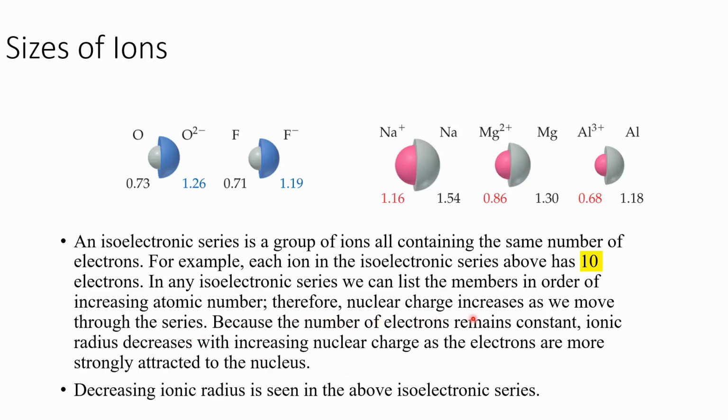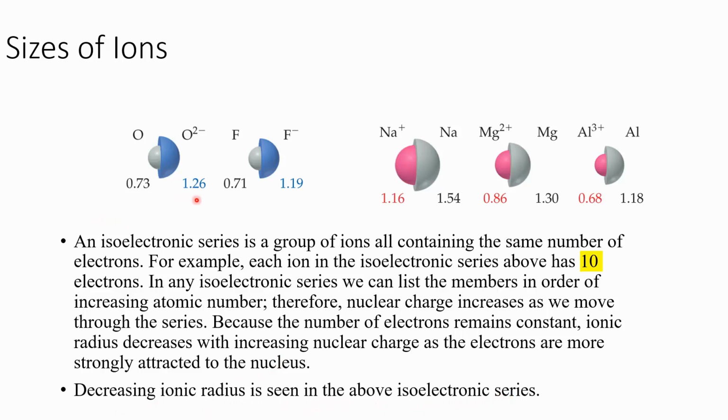Therefore, nuclear charge increases as we move through the series. Because the number of electrons remains constant, ionic radius decreases with increasing nuclear charge as the electrons are more strongly attracted to the nucleus. Decreasing ionic radius is seen in the above isoelectronic series.